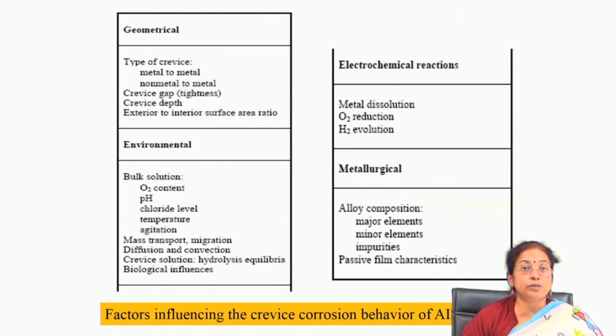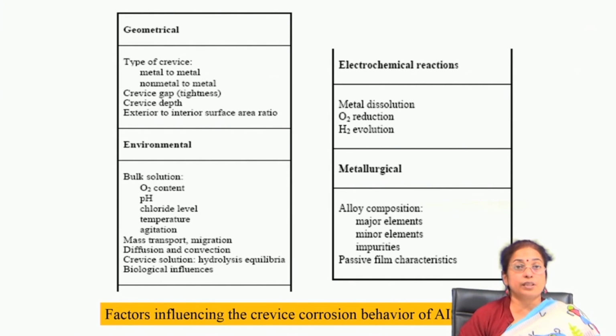As I mentioned, if the film which forms on the surface protects the surface to a large extent, then it can minimize the tendency of crevice attack. For example, take mild steel, 304 stainless steel and 316 stainless steel.